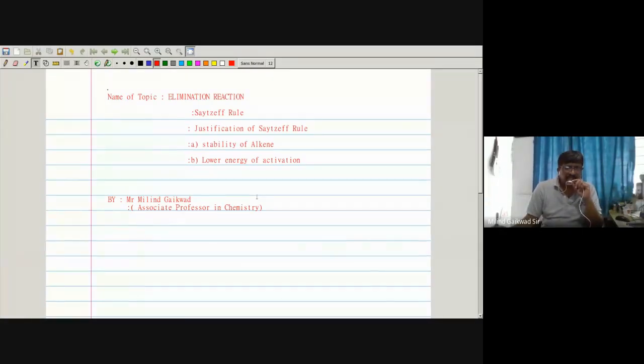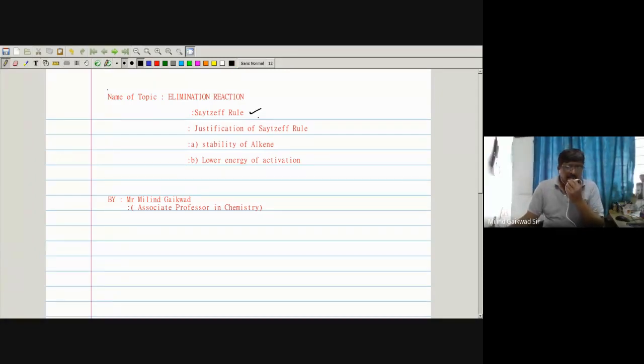We have also given the evidence for the mechanism, and we have seen that the elimination takes place by the Saytzeff rule. So we have seen what this Saytzeff rule is.